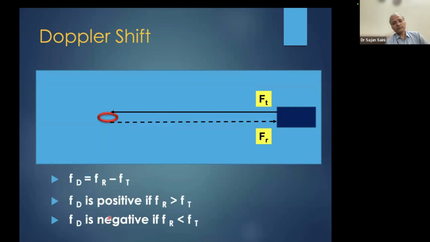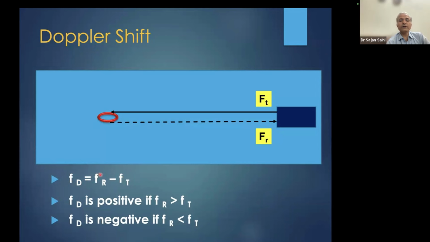So if the object was moving towards the transducer, then first of all, what is the Doppler shift? The Doppler shift is the difference in frequency: if we deduct the transmitted frequency from the frequency which has returned, this is the Doppler shift.